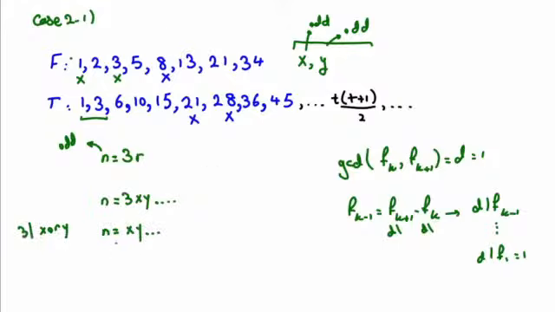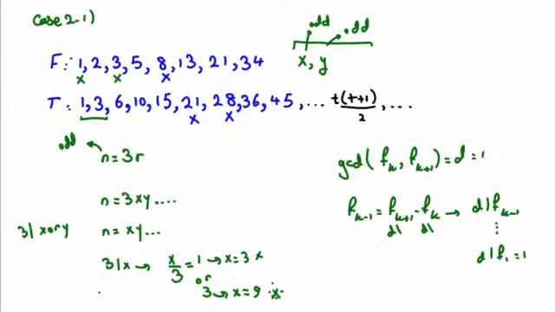So here, if, for example, 3 divides x, then x over 3 is also a divisor. But here x is the smallest one, so x over 3 should be 1 or 3. In this case, x is 3, which is a contradiction, because we have 3 here. In this case, x is 9. But we don't have 9 here, so in both cases we reach a contradiction.